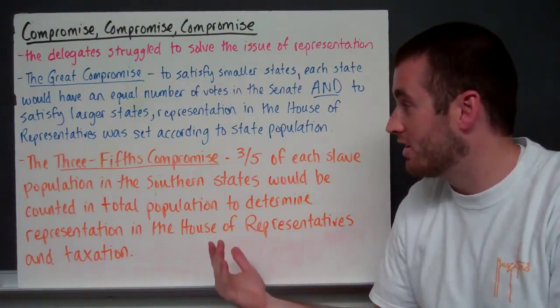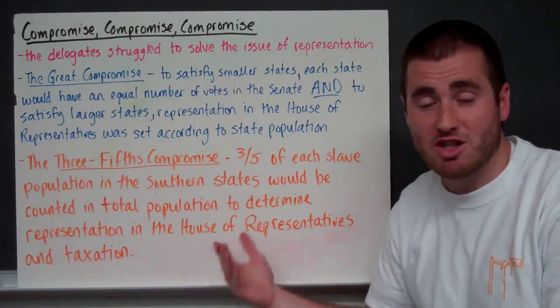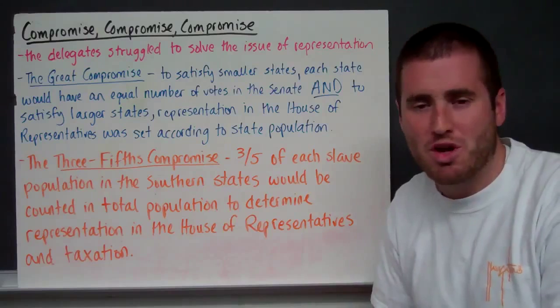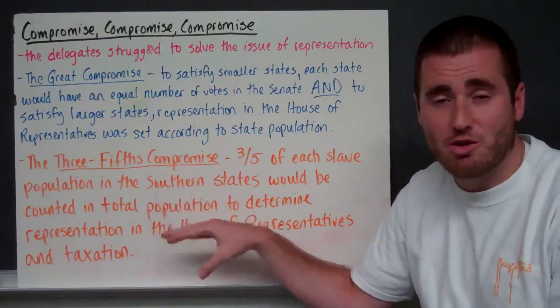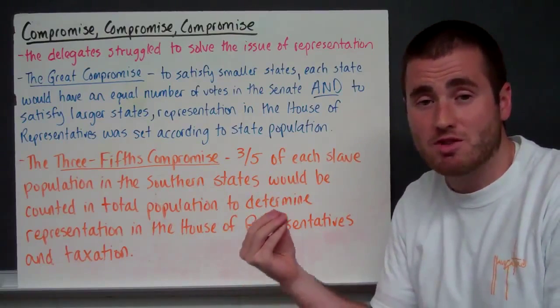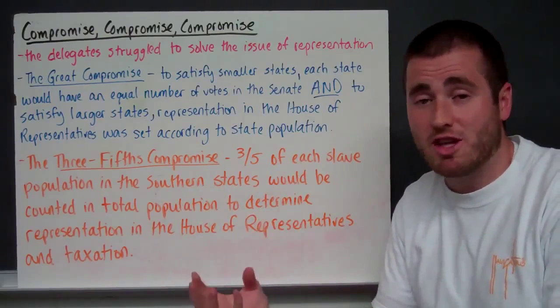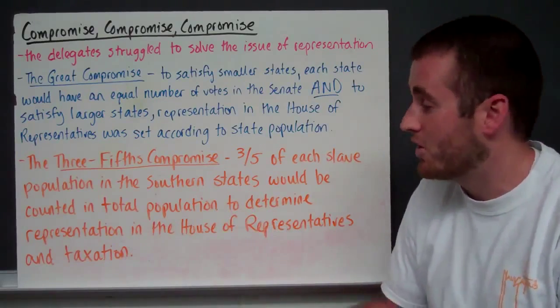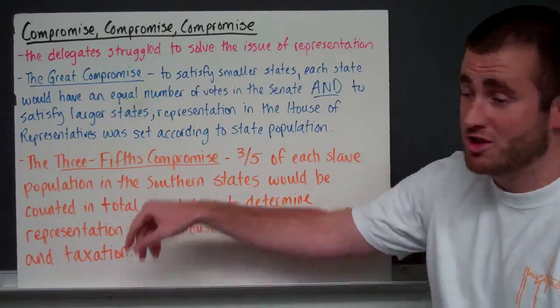I mean, you can imagine how many slaves each of these southern states had, and really how weird and corrupt this compromise was for the time, but it did go into effect, and it was a way to appease the southern states. 3/5 of each state's population of the slaves would be counted in towards the total population to determine the representation in the House of Representatives and also for taxes.